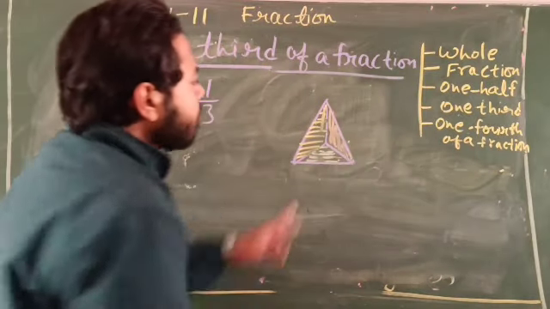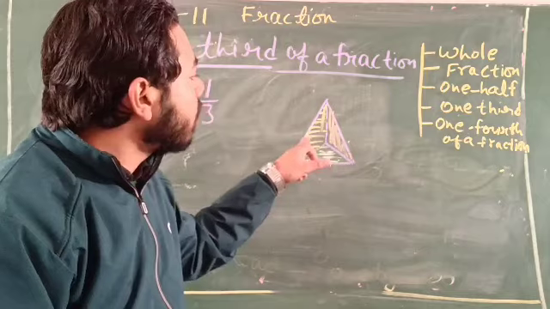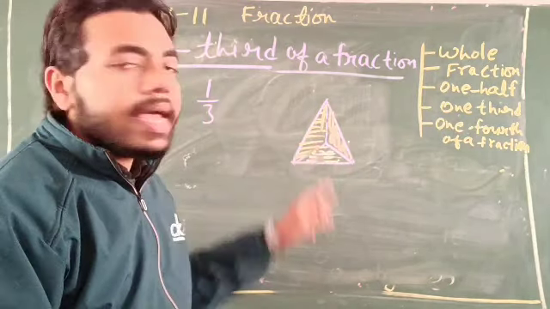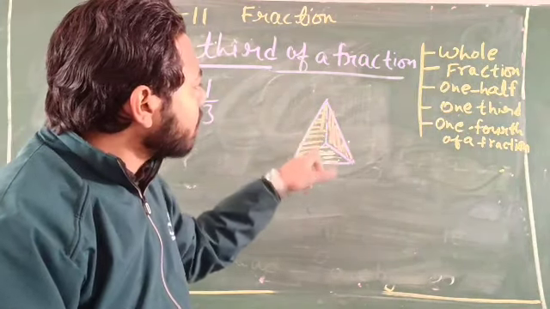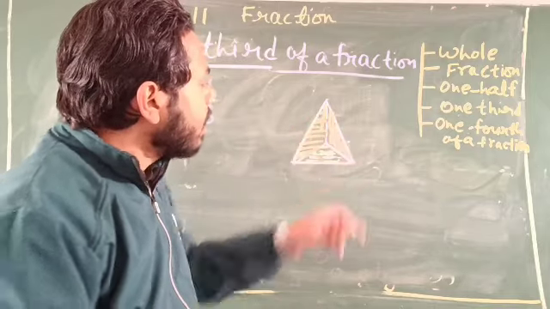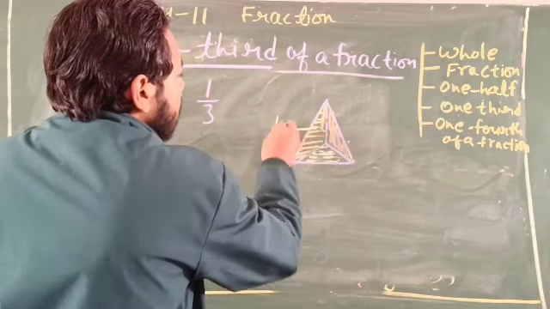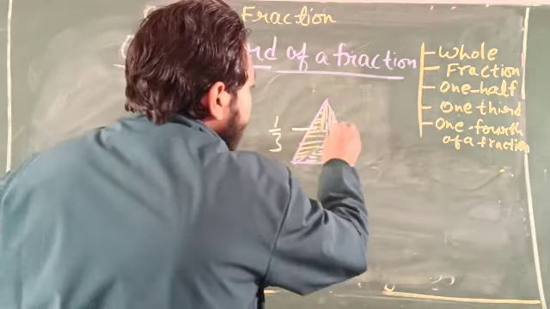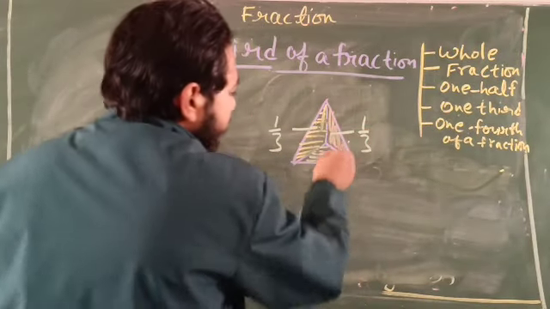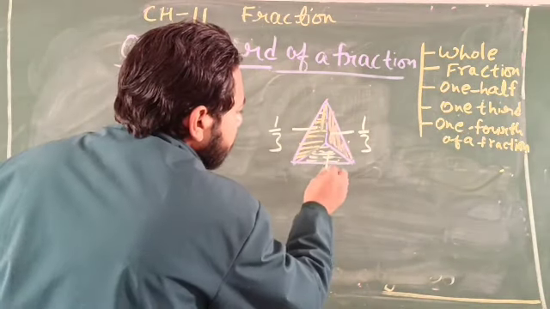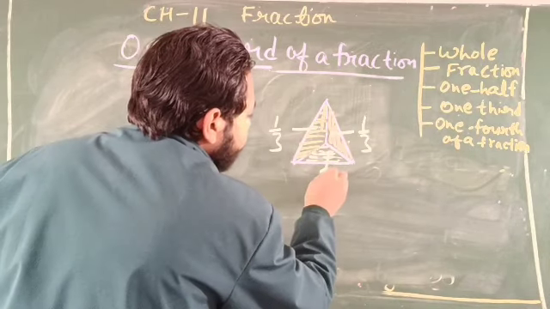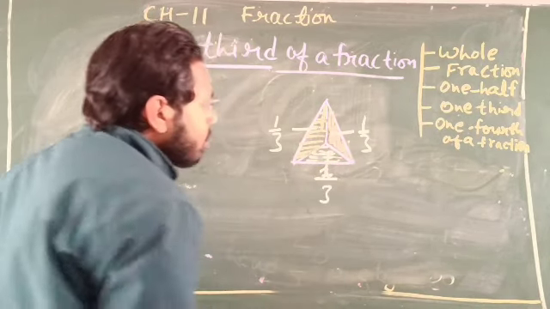Each part represents 1/3 of a triangle. So this one is 1/3, this part is also 1/3, and that part is also 1/3.